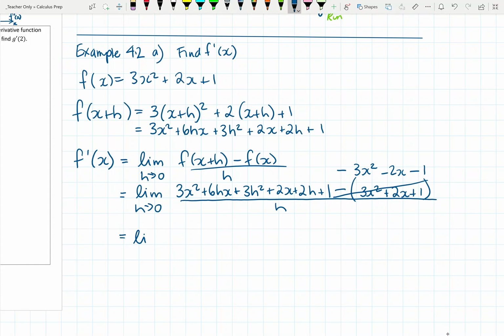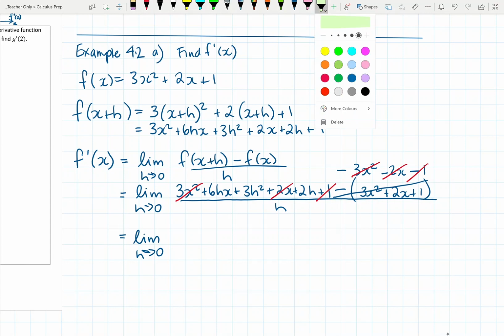So then the limit as h approaches 0 becomes, and we look at what we can cancel out, 3x squared minus 3x squared plus 2x minus 2x plus 1 minus 1. Remembering that after you have done your cancelling, all of the remaining terms should have an h in them because we need to factorise the h to get rid of it.